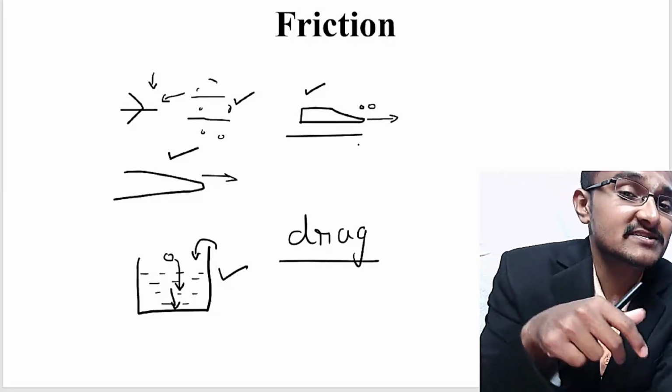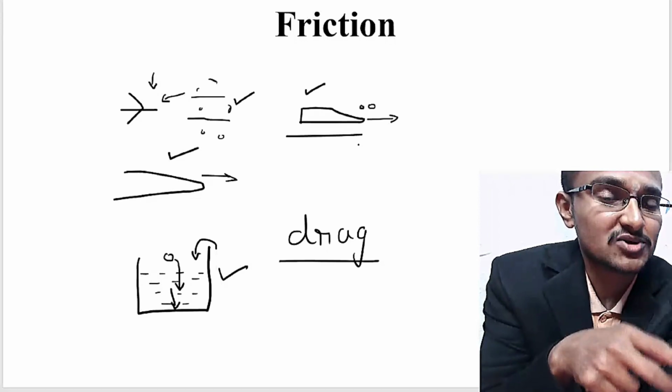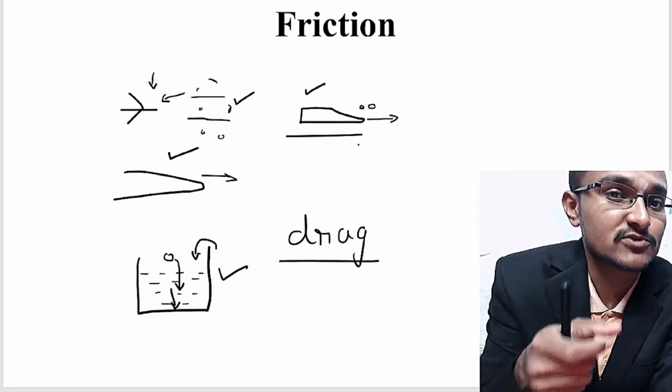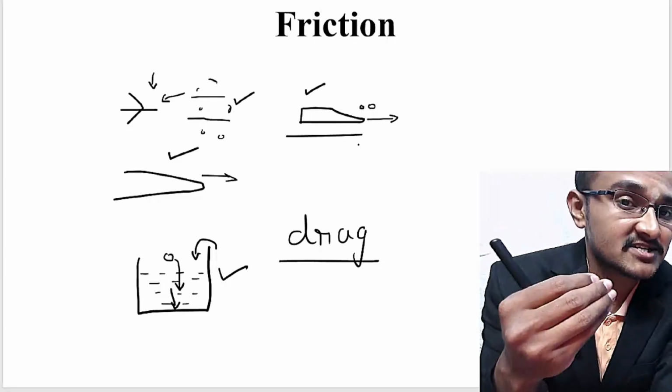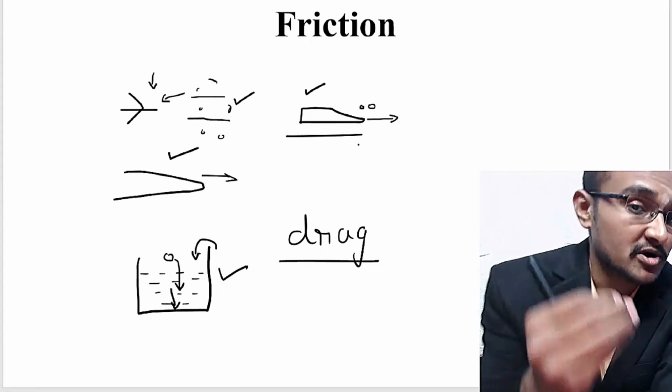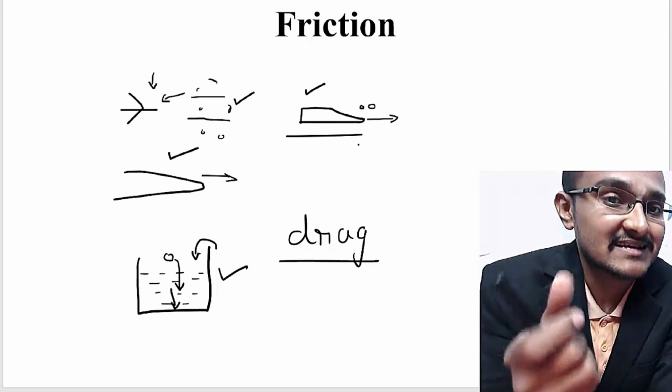Hence, walking inside water will be more difficult compared to walking on the land, because air molecules supply less friction and water molecules supply more friction. So, solids supply the highest friction, whereas liquids supply moderate friction and air molecules or gaseous molecules apply lesser friction.